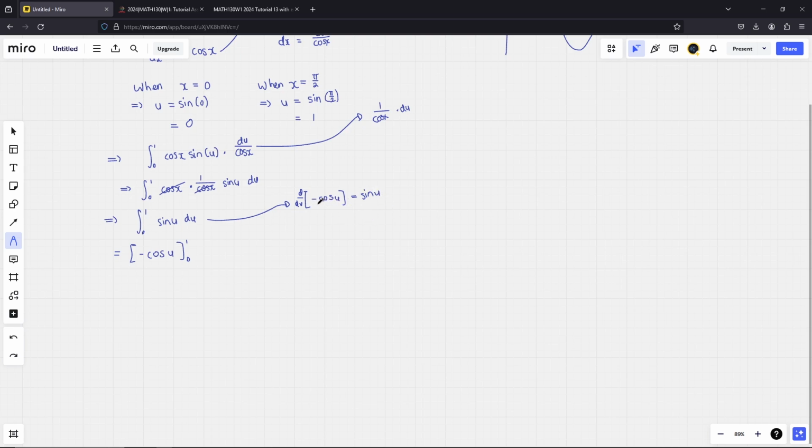If this gave me something else, like tangent, then this is not an antiderivative. Because it gave me this, that means it's an antiderivative.